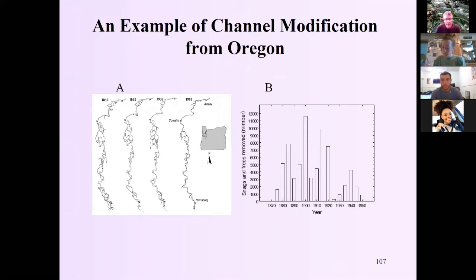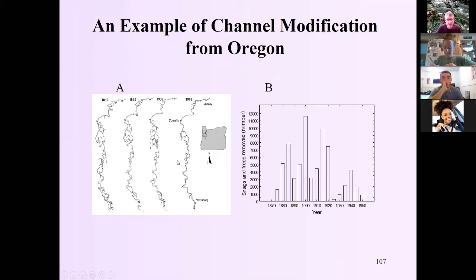And then for that same river, we can look at what's happened to it over time in terms of complexity. In 1850, the image on the left shows the complexity that was in the channel. We see it was braided, it had multiple different pathways that went through and sort of dead ends that are semi-connected. And in 1895, it was similar. By the 1930s, it started simplifying because of human activities.